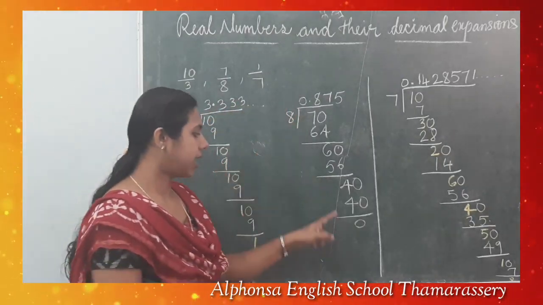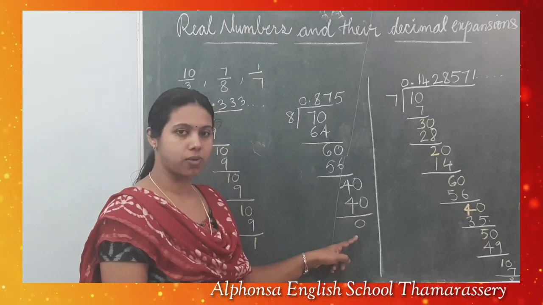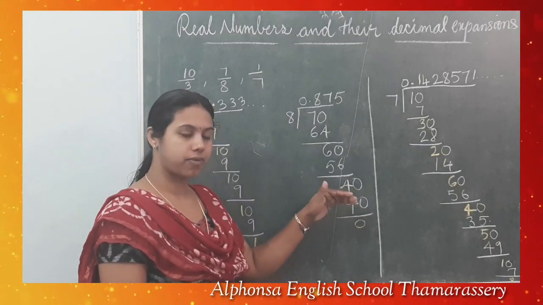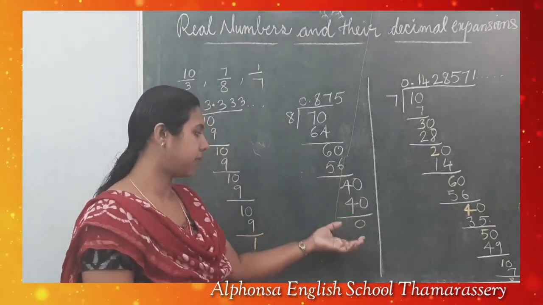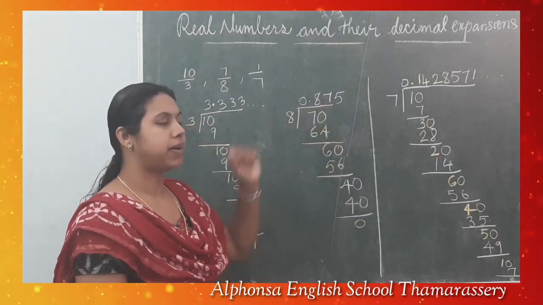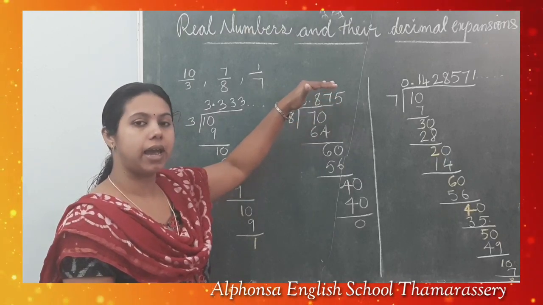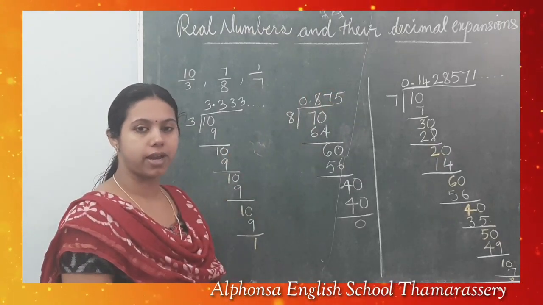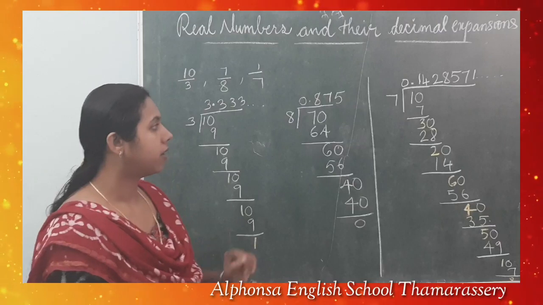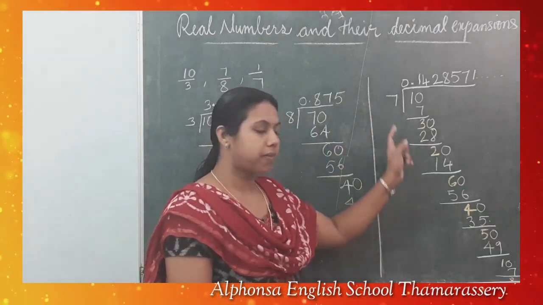And in the second case, you got the remainder 0. After a few steps, you get the remainder as 0. So we complete the division process, or the quotient is ending after some steps. And in the third case, the remainder is repeating.